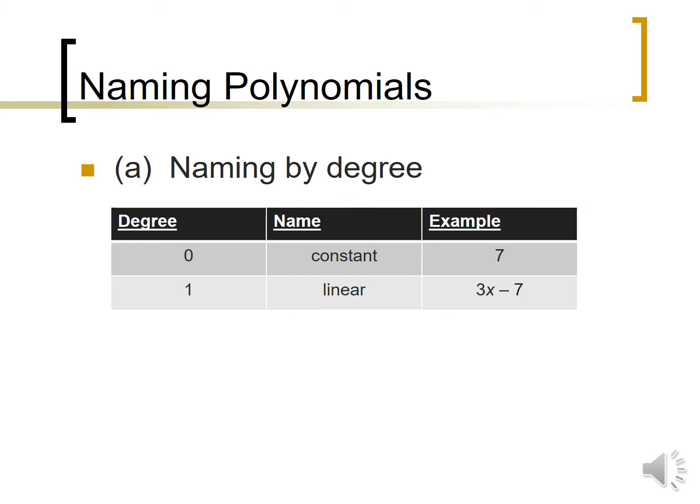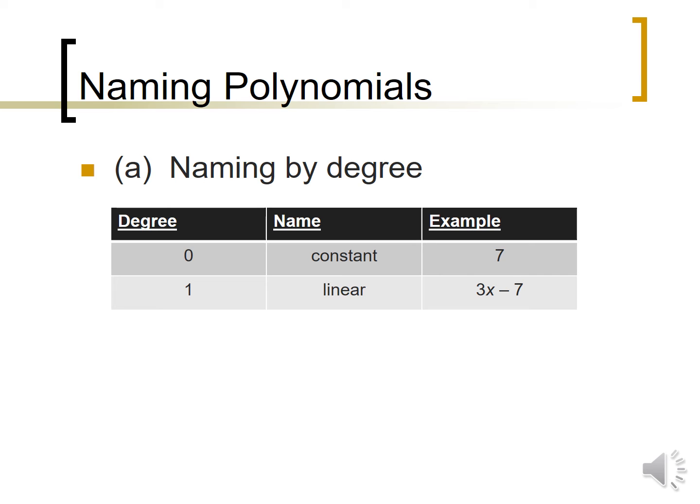If our degree is 1, like 3x minus 7, we call this linear. You know that if we go to graph y equals 3x minus 7, that graph is a line. You spent a lot of time on Algebra 1 on that.